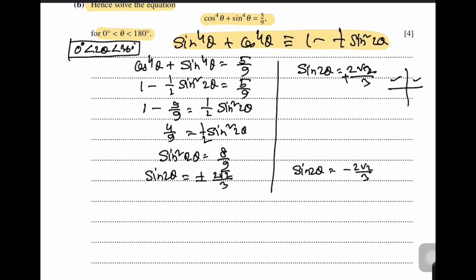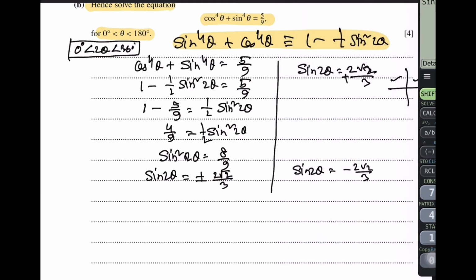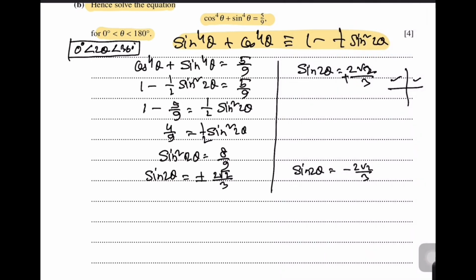So shift sin inverse of 2 root 2 by 3, then divided by 2, it will be 35.3. So theta equals 35.3.